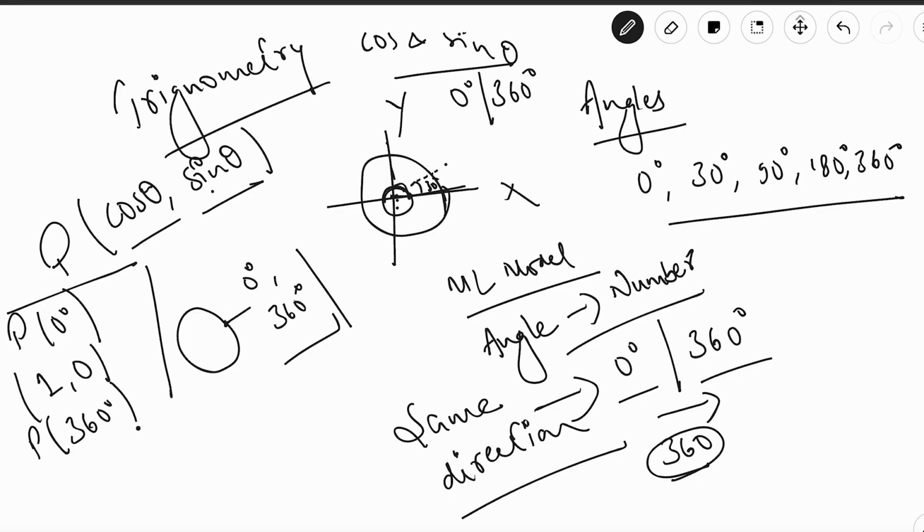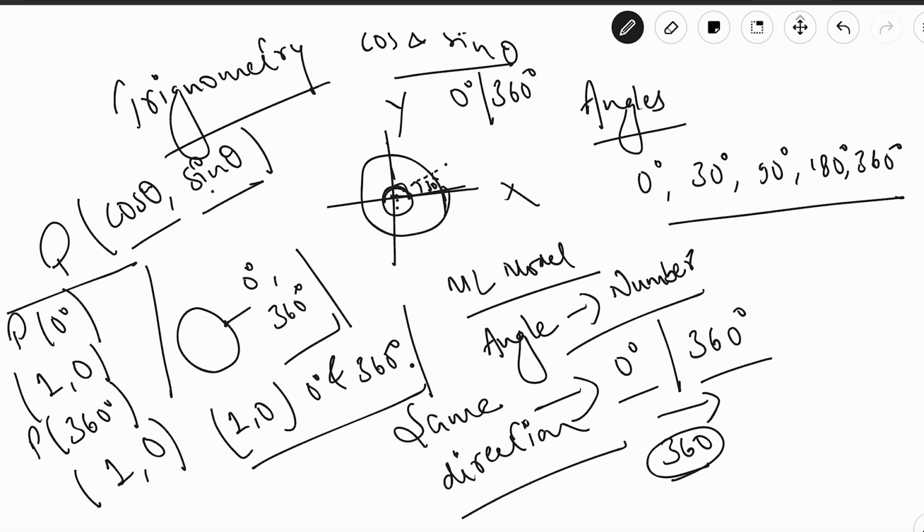Similarly, for the point at 360 degree, cos 360 degree is 1 and sine 360 degree is 0. So both these points are (1, 0) at 0 degree and 360 degree.